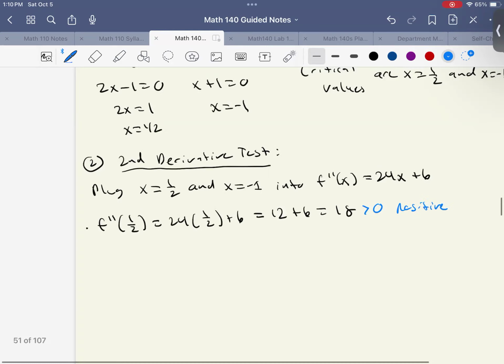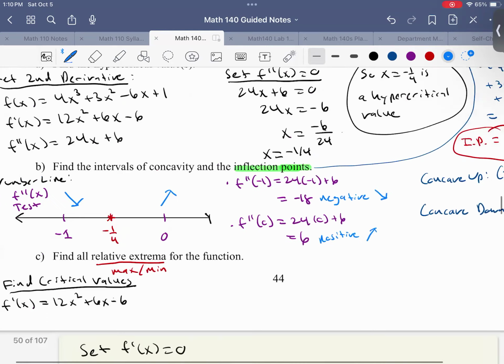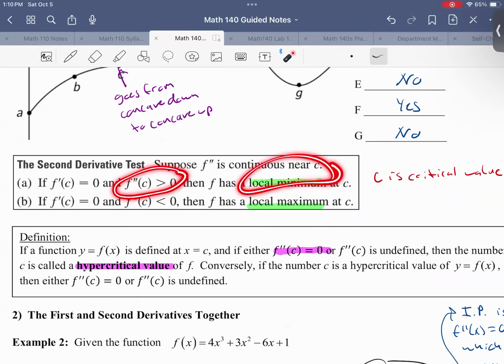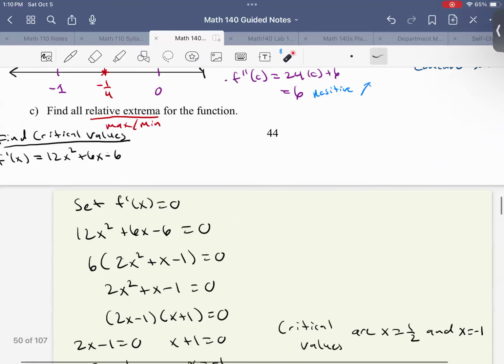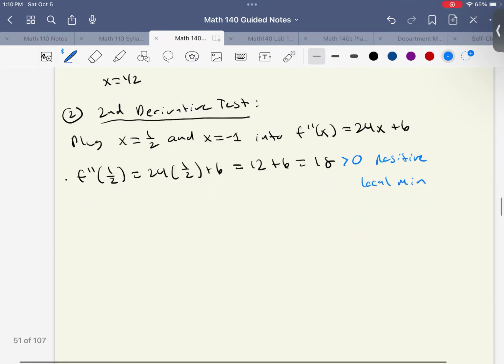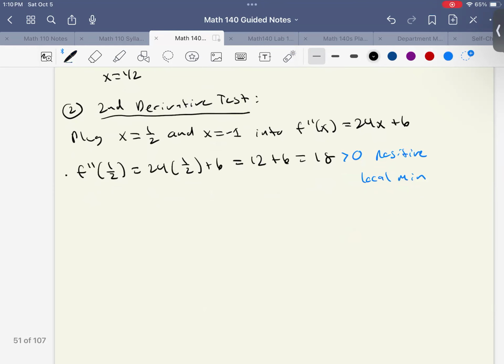So by the second derivative test, since it's positive, then it's a local minimum. 18, so it's positive, so it's a local minimum. So let me make that note. Positive, local min. All right, so let's check out -1 now.